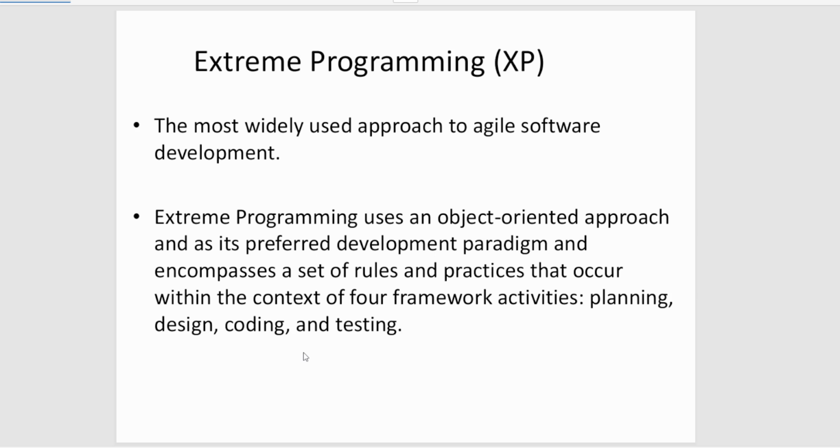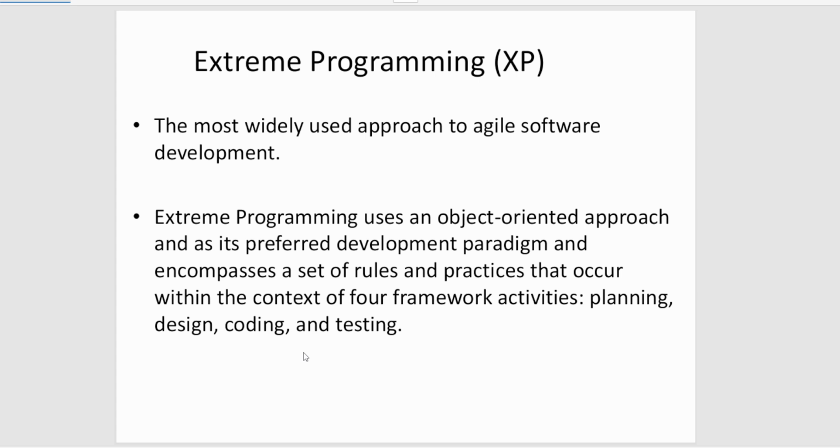Now one of the agile processes is called extreme programming. It's the most widely used process for software development. And why do we use this? Because it is dependent on object oriented software development.